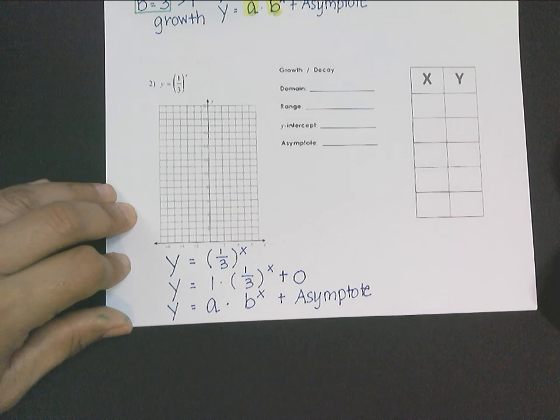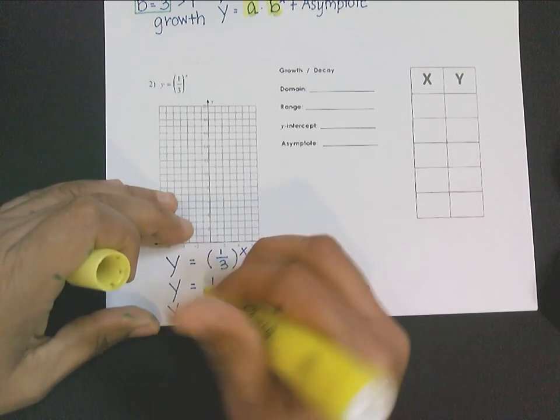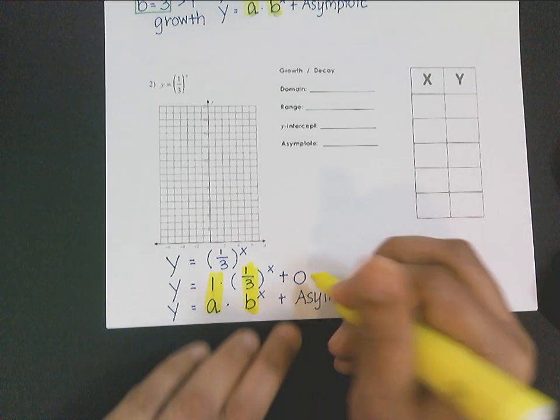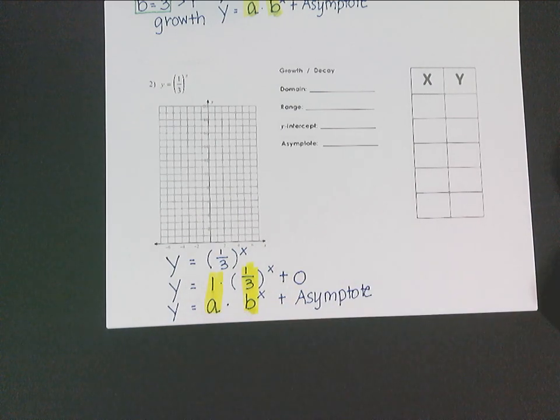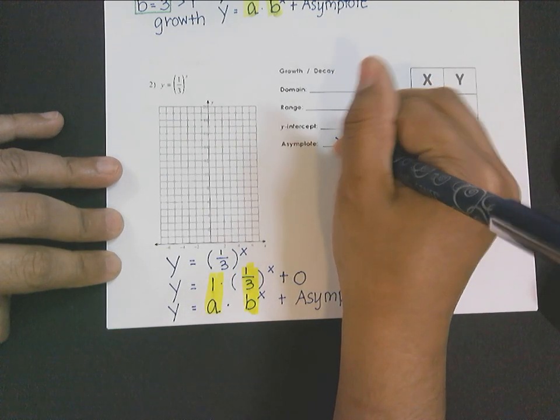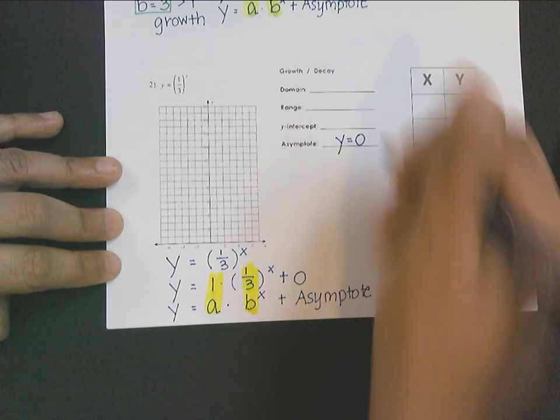And so in this case, again, we know that the a is 1. In this case, the b is 1/3. And we know that my asymptote is 0. So y equals 0.